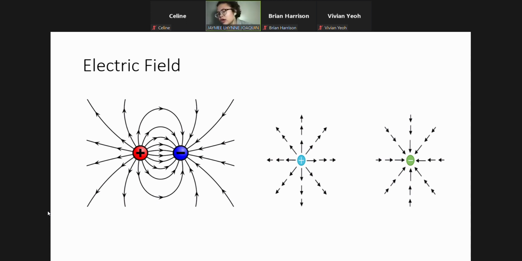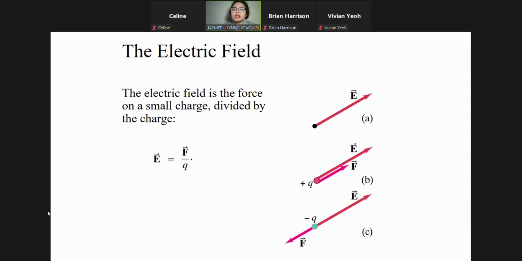Is it moving away from the charge, or is it going towards? Or sometimes it is intersecting or interacting with one another. So aside from electrical sources, one thing that we will be discussing would be your electrical field.